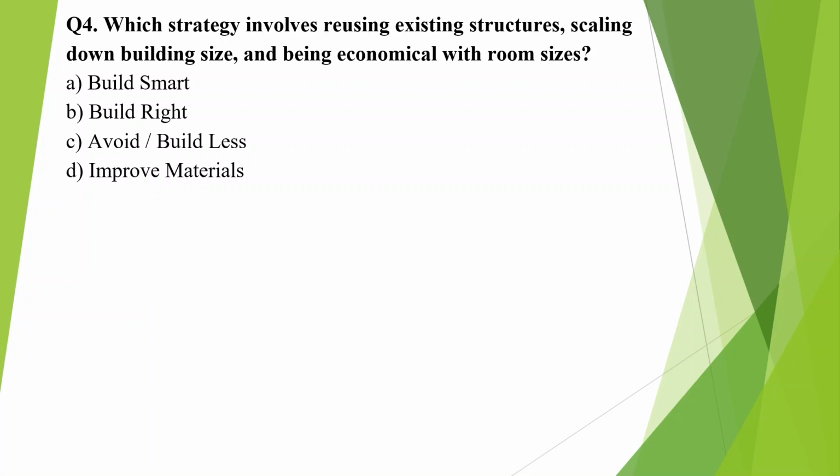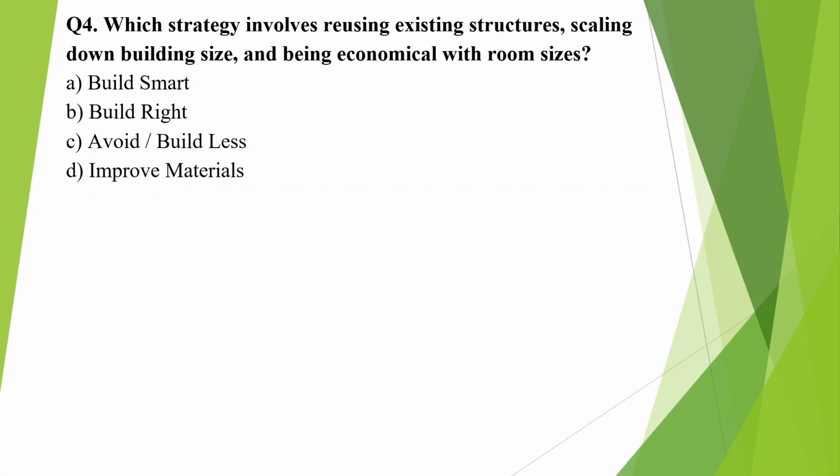Out of the four options, read all four options carefully and read the strategy that has been told in the question. Then you can relate one by one and find the most suitable option. It is talking about reusing the existing structure, scaling down the building size, or being economical with the room size. So if you are doing these kinds of things, then you are falling under which strategy?